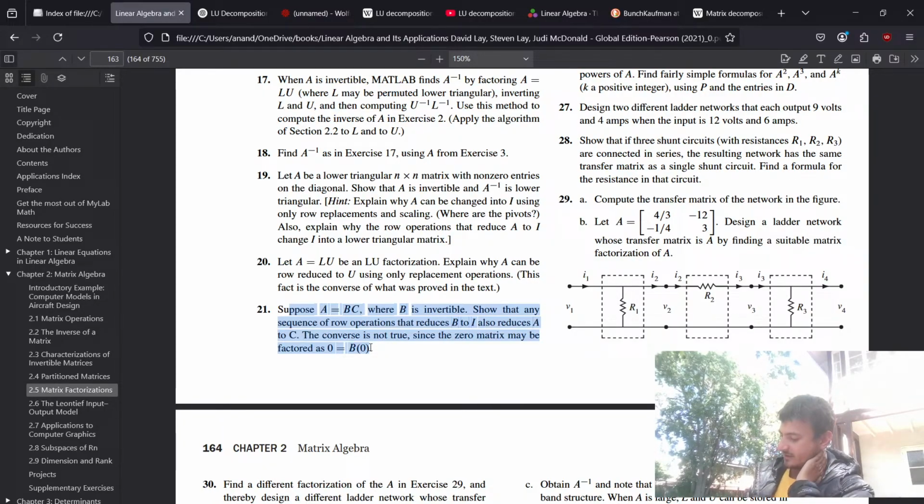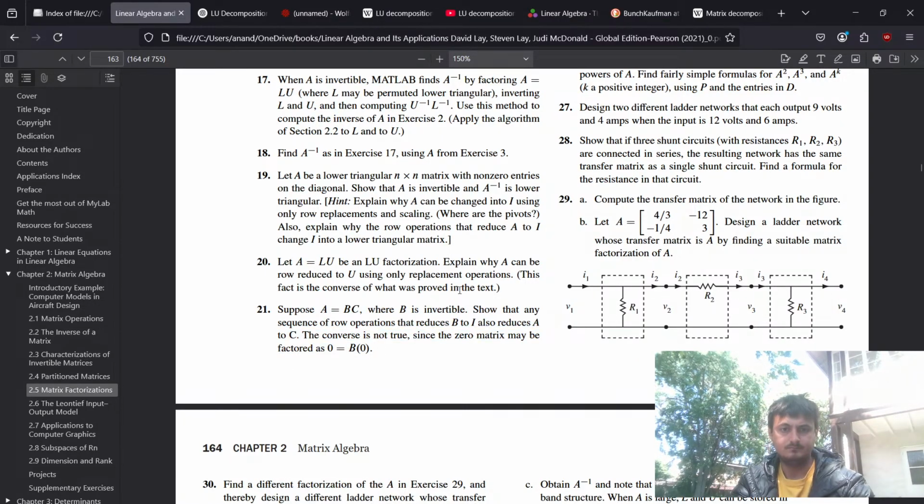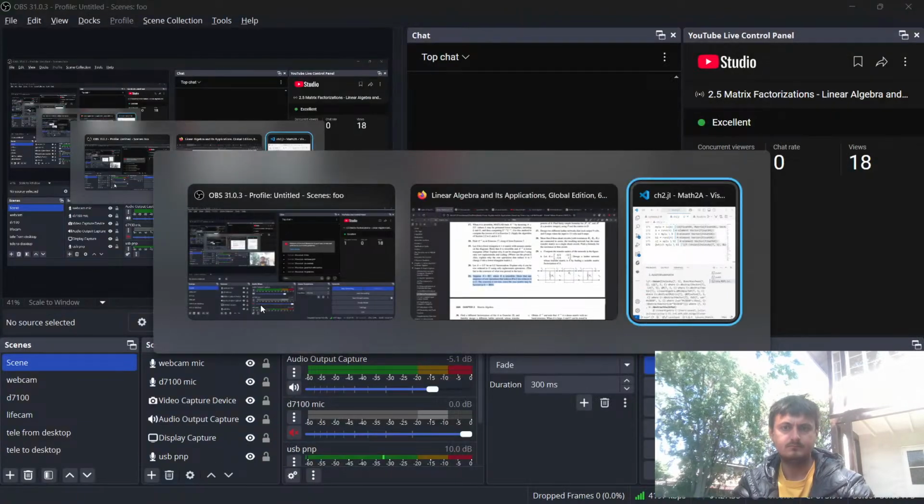Then if we multiply both sides on the left by B inverse, we get B inverse A is equal to C. Okay.